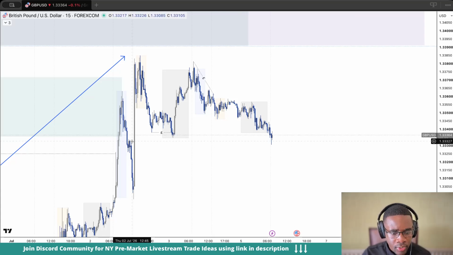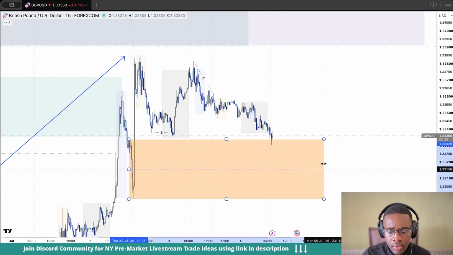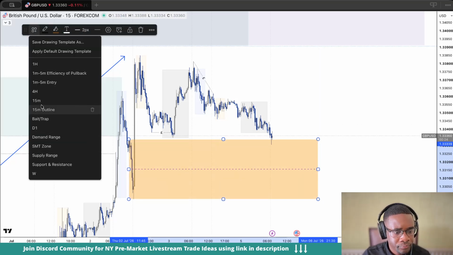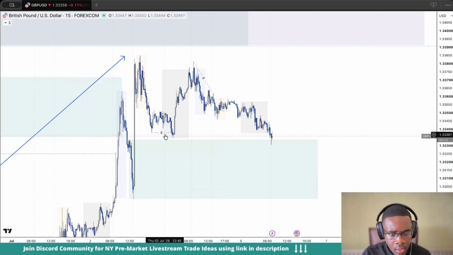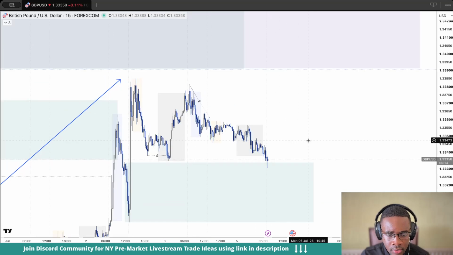We've had a sweep of Asia low, and this becomes our range, our sell to buy range. After sweep of Asia low, sell to buy range, where price has mitigated. The price is mitigated right there, and then we do see trend line.